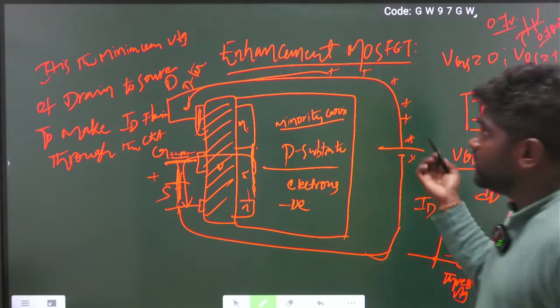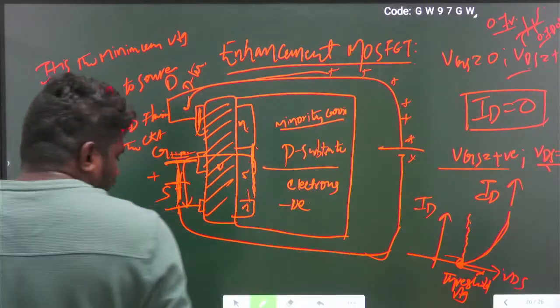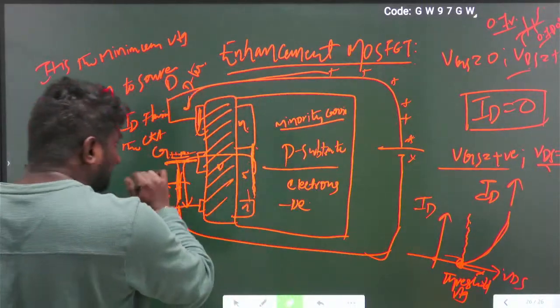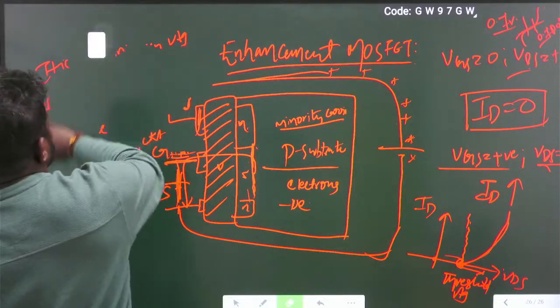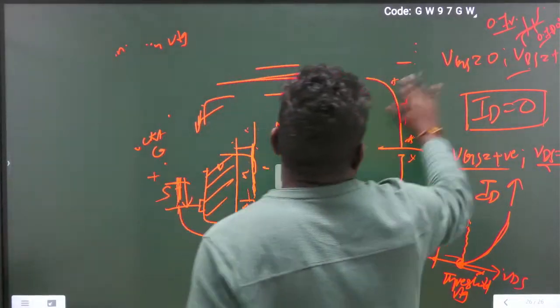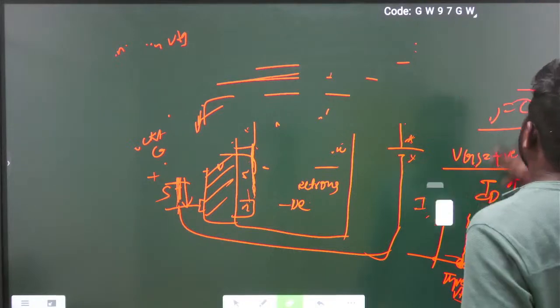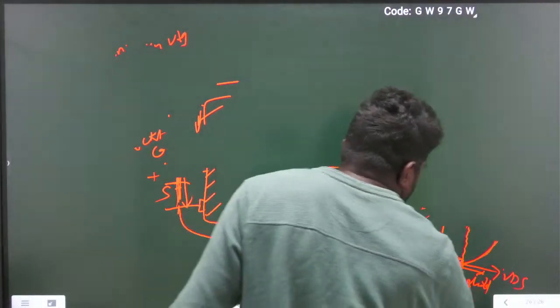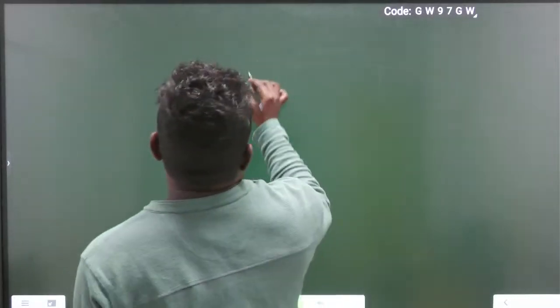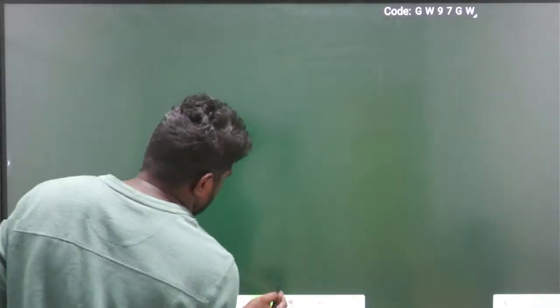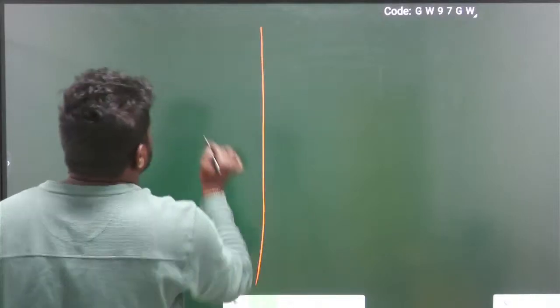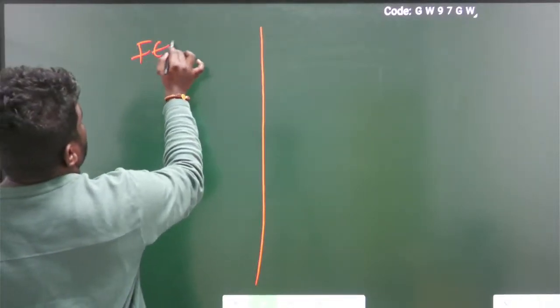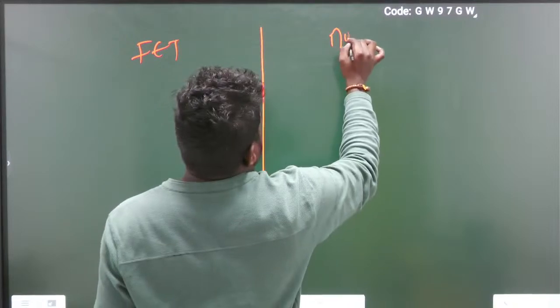So this is called enhancement MOSFET, and only one topic is left, that is the difference between MOSFET and FET. This is a very, very important question in your exams. Difference between FET and MOSFET.